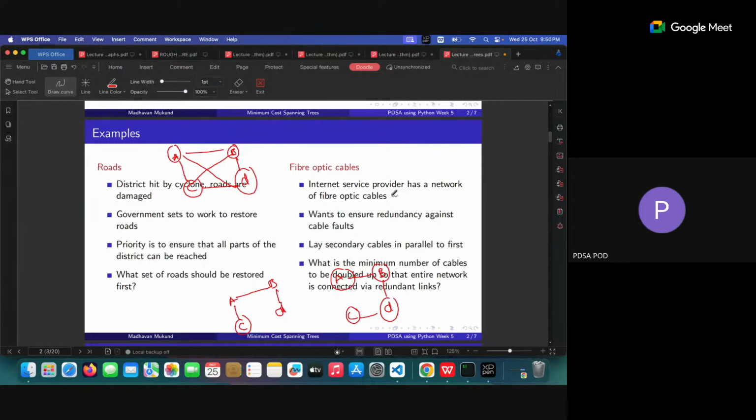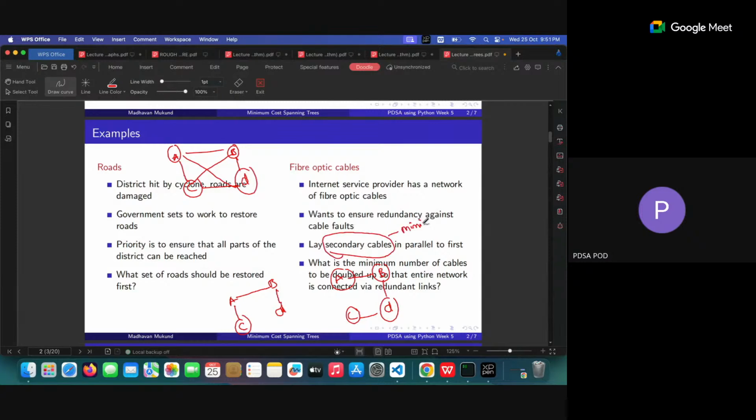Similarly, there is an internet service provider connecting different lines to different locations. So secured redundancy is required. If we lose any connection in these one-to-many connections, there is another additional standby connection, like a secondary cable. This secondary cable is a minimized line.